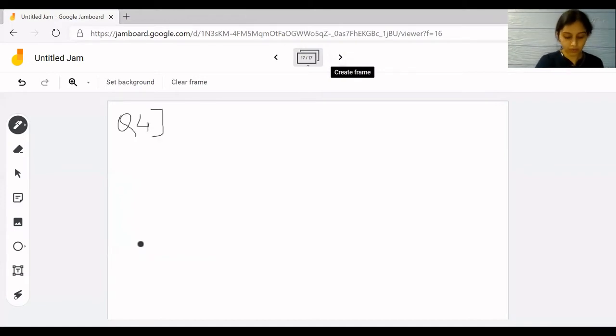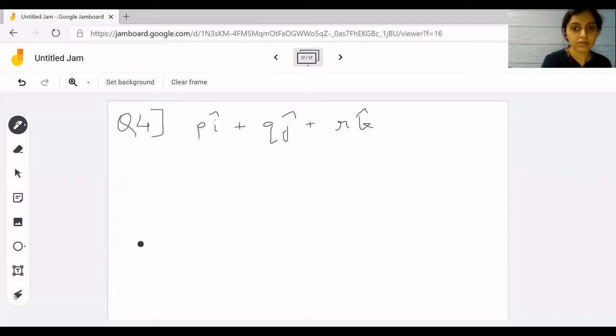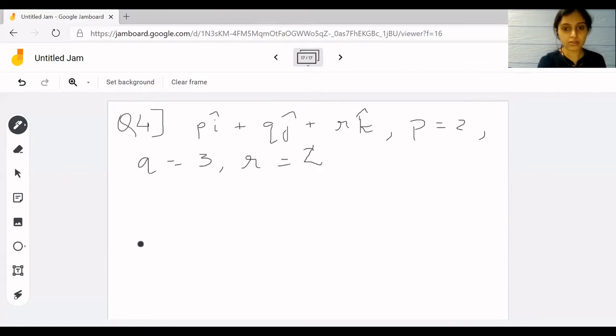Question 4 is: show that the sum of the lengths of projections of p i cap plus q j cap plus r k cap on the coordinate axes, where p equals 2, q equals 3 and r equals 4, is 9.